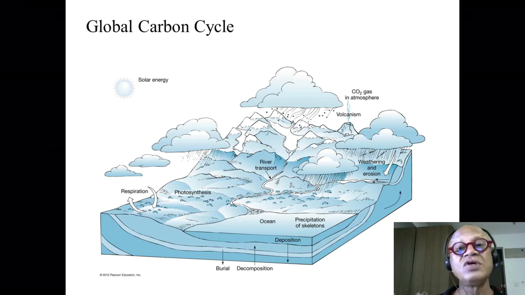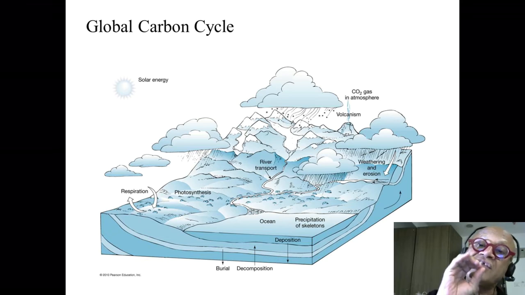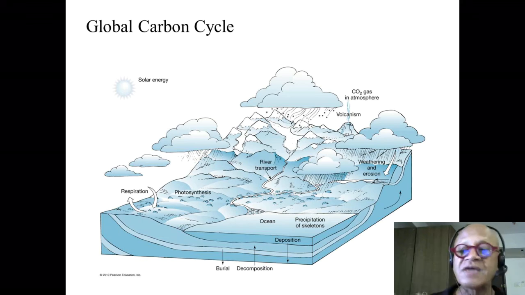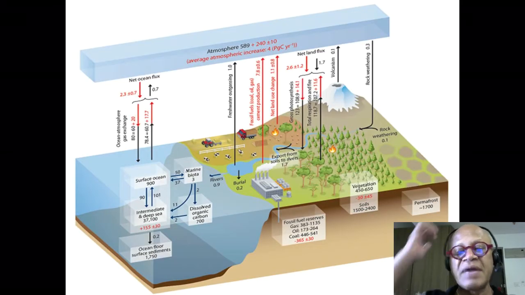It plays a key role on a longer time scale. For everything, we have to look for what would prevent moving things in one direction. What are the feedbacks that maintain equilibrium, and at what time scales do they work? So the ocean has precipitation of skeletons, dropping of organic matter, and so on.